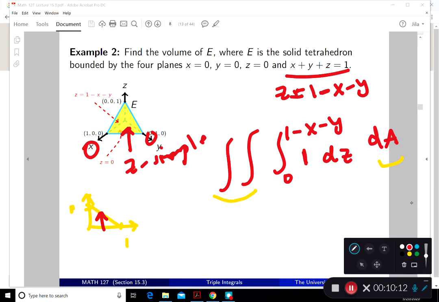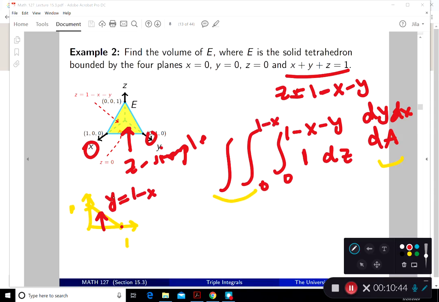So dA is going to become dy dx, and y goes from 0 to this line. What is that line? The x-intercept is 1 and the y-intercept is 1. I can solve and get y equal to 1 minus x for that line. So I get 0 to 1 minus x.